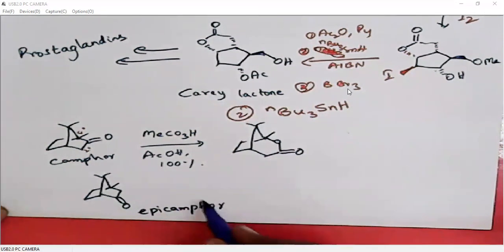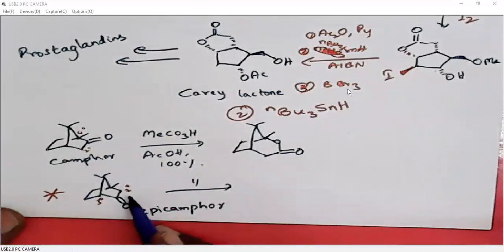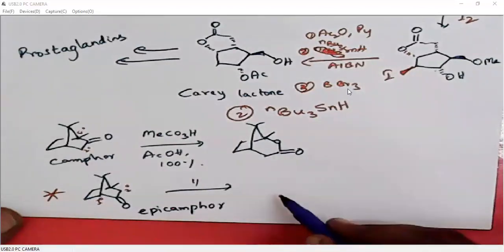When we use Baeyer-Villiger oxidation conditions on epicamphor, of course, we can expect that there is a tertiary center and a secondary center. So what we expect is the tertiary center to migrate, but here it is not the case. Epicamphor is an example where the secondary carbon will undergo migration over the tertiary center.